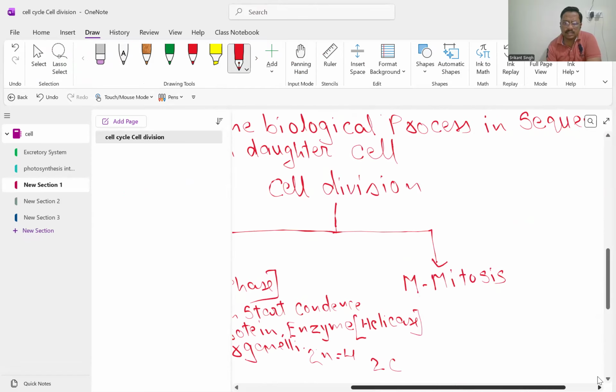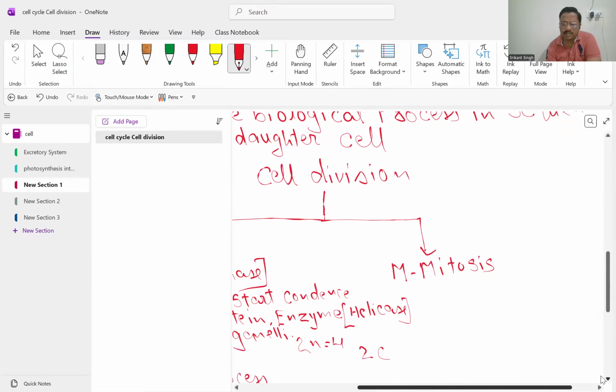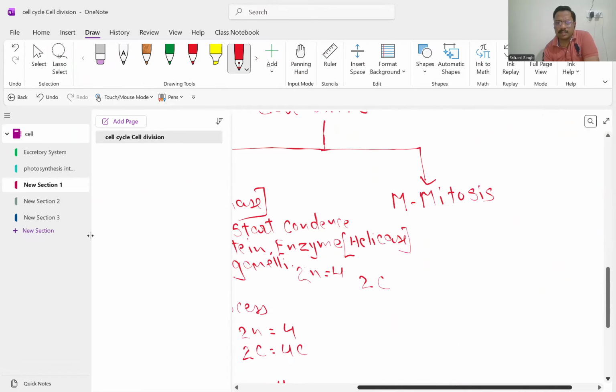Now, the rest phase is named M phase. M phase is mitosis. The mitosis process is completed in two steps. First is karyokinesis, beta. Always remember karyokinesis.